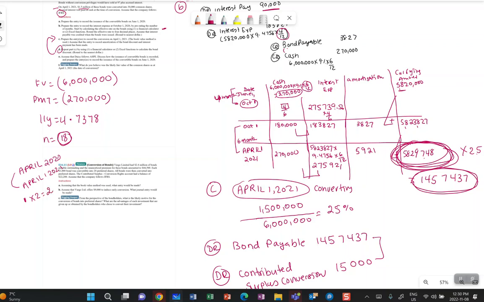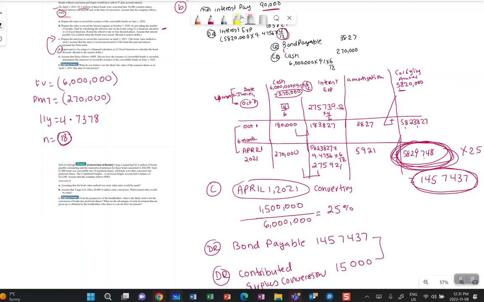It was for 10 years. You could do it either way and you'll get the same answer. The life of the bond was 10 years, one year has gone by, and you're left with 9. 9 times 2 is 18. That's one way of calculating it, or you could do it any other way you find easy. So in this case, your N will be 18.